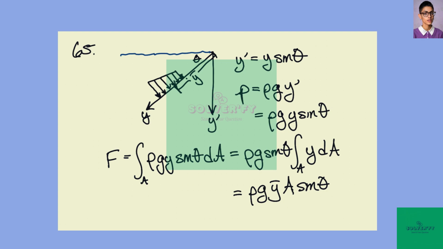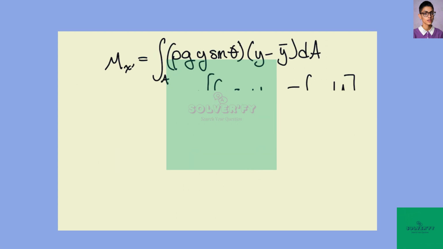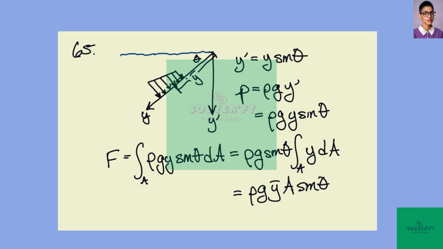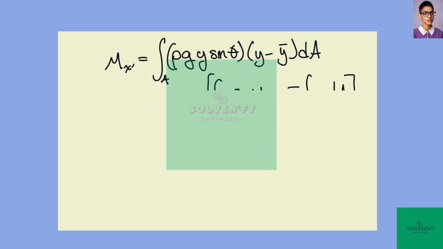Those are y minus y bar. Wherever we are here, we are at a certain y, and we subtract y bar off of it.